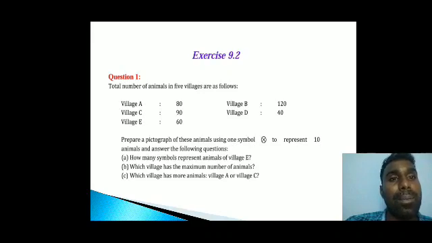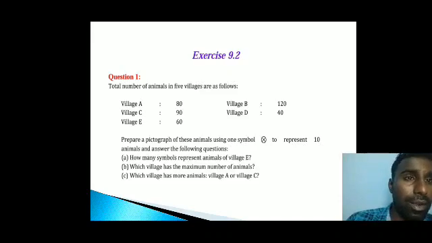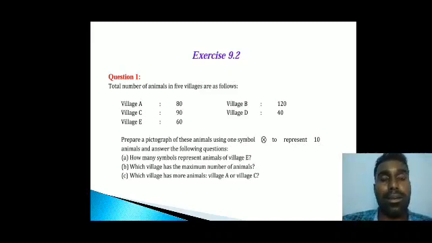Prepare a pictograph of these animals using the symbol given here to represent 10 animals, and answer the following questions. How many symbols represent animals of village E? Which village has the maximum number of animals? And which village has more animals, village A or village C? This is called comparison. So shall we solve?